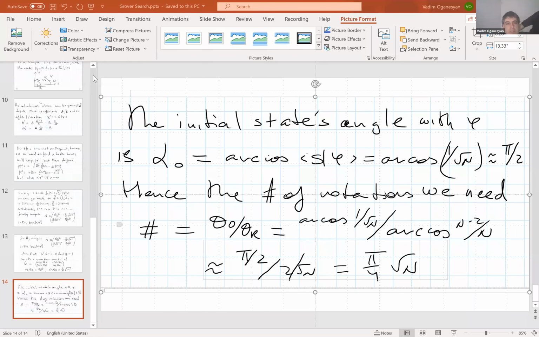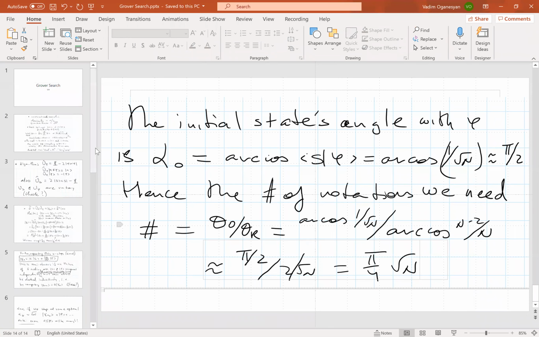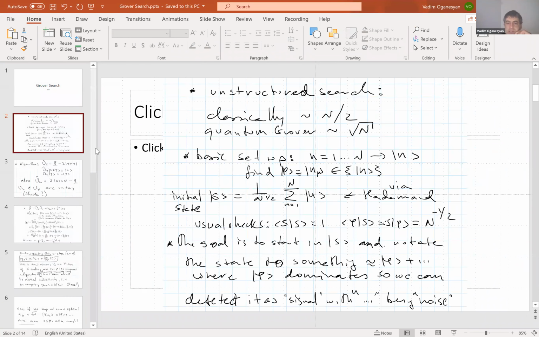Yeah. In the beginning, you mentioned that we set it up so our two bases are s and phi. Do you see my screen? Yeah. Okay. So in the beginning, I didn't set them up as bases. I just said that there are two states, right? So they're not orthogonal.